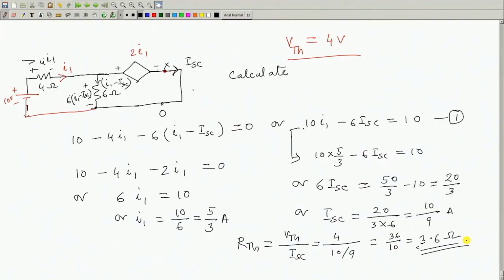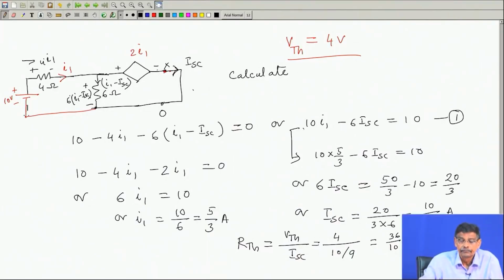And similarly, while calculating R Thevenin, between these 2 points, replace the independent sources only by their internal impedances and do not do anything with the dependent sources.